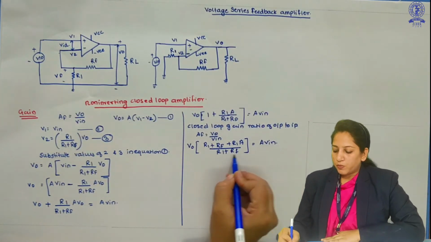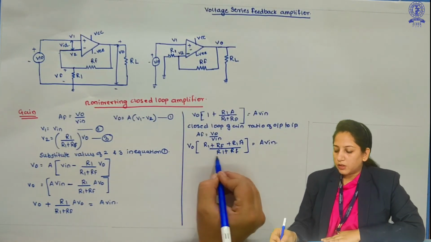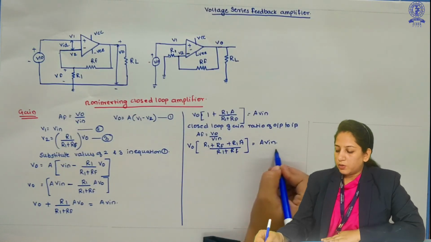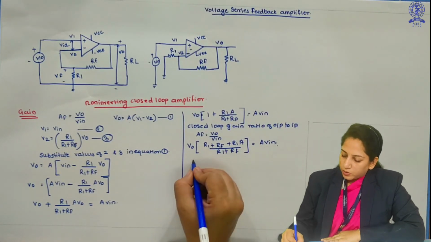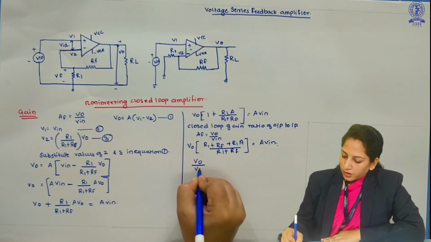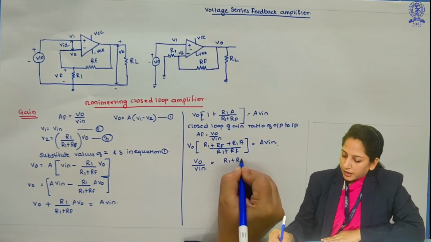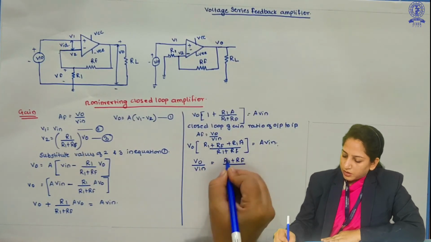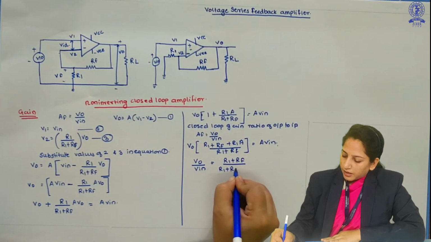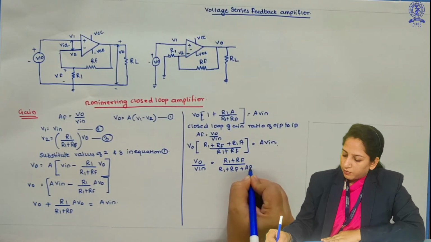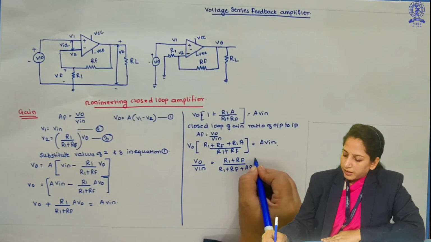Now I will shift this V in to this side and this whole fraction to the right side. So this will become V0 upon V in, which is equal to R1 plus RF upon this term R1 plus RF plus A R1, multiplied by A here.